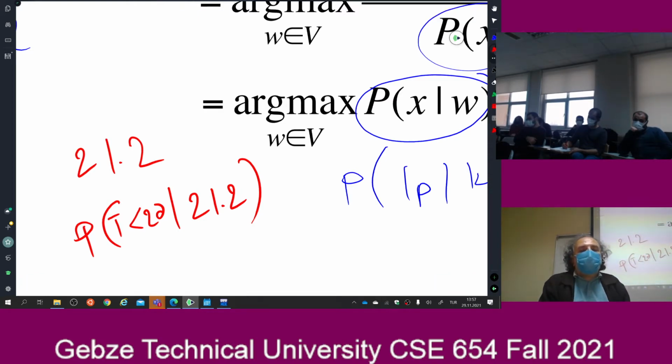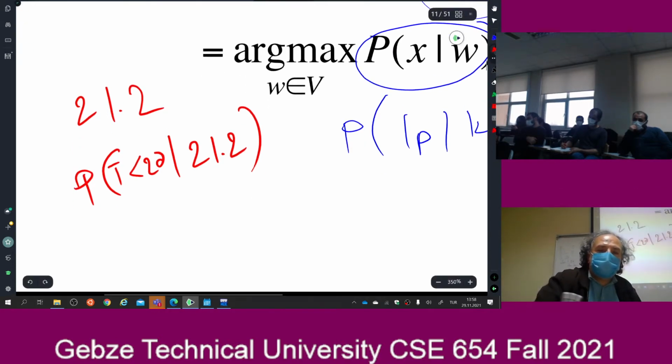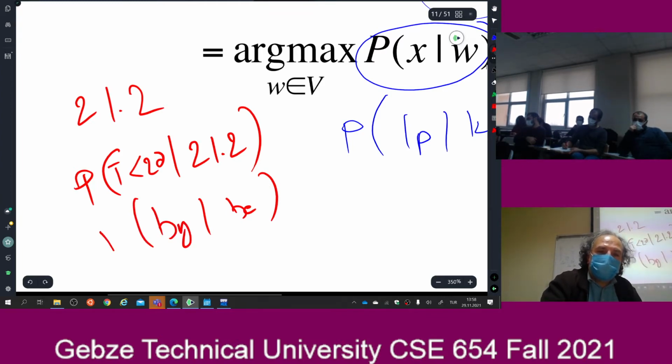If I am the one who built this thermometer, then I can calculate this, or if I have the statistics. Again, the same thing. If somebody types "be," what is the probability of "by"?